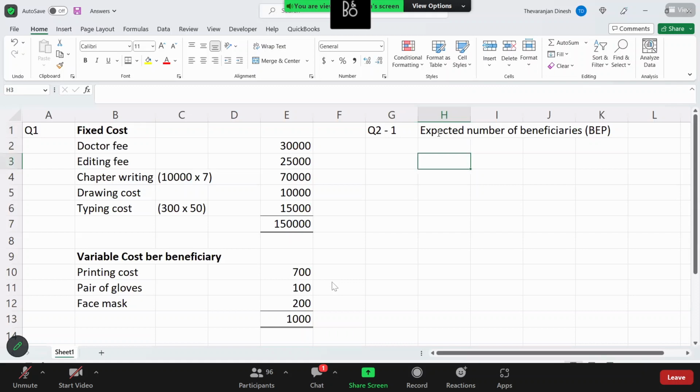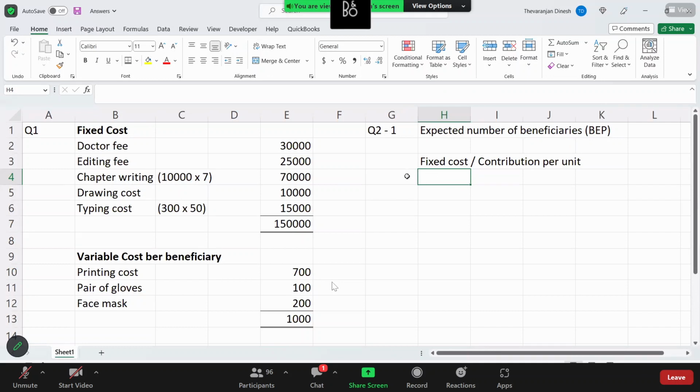If you want to find out the expected number of beneficiaries, you should have the formula of the break-even point in units. That is fixed cost divided by contribution per unit. Here we already know the fixed cost, we have found that it is 150,000.